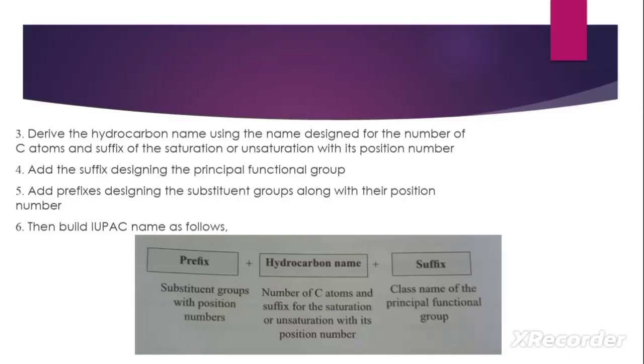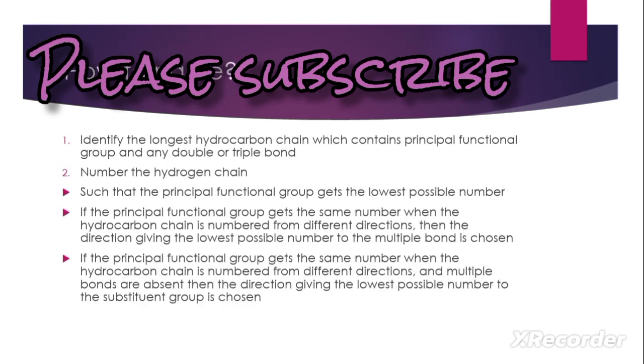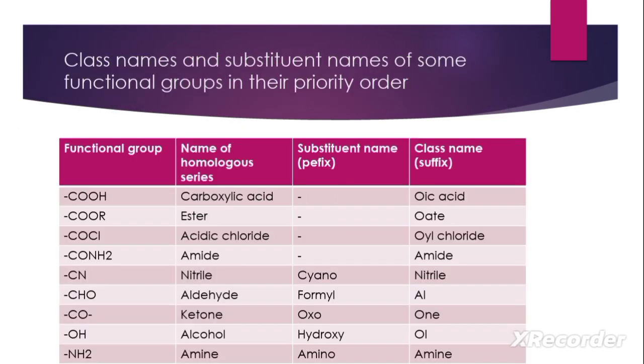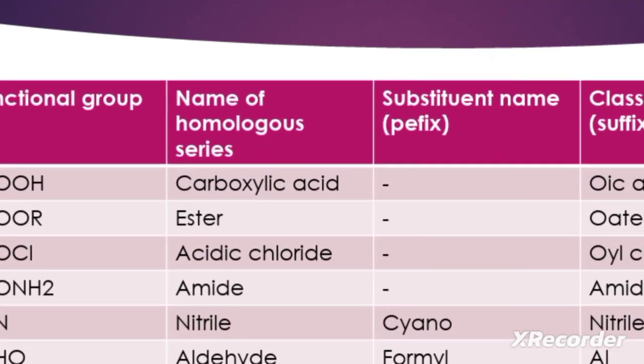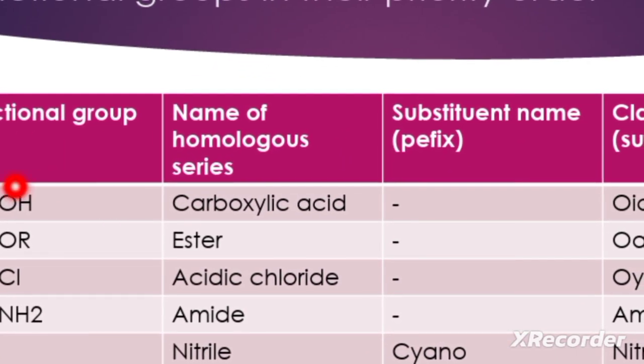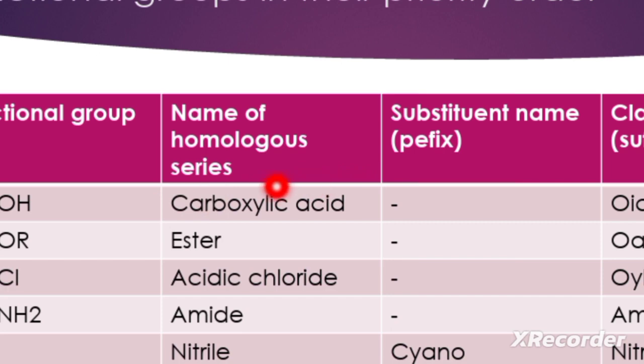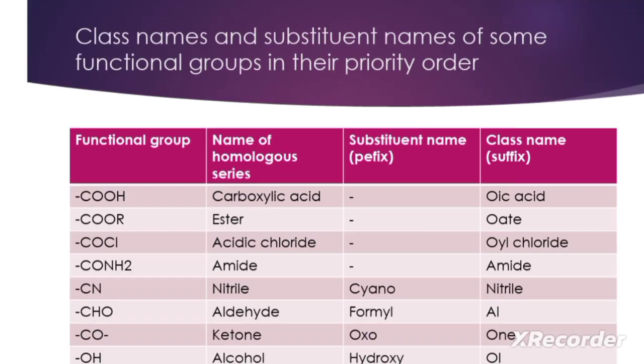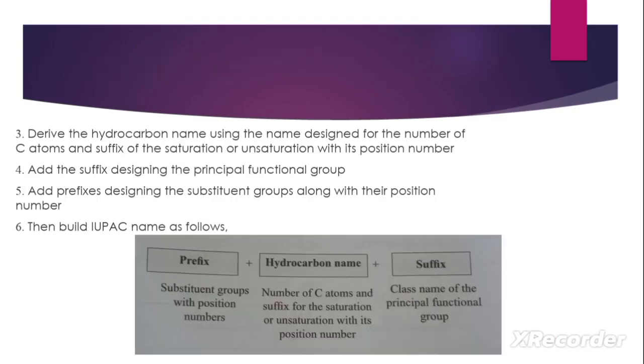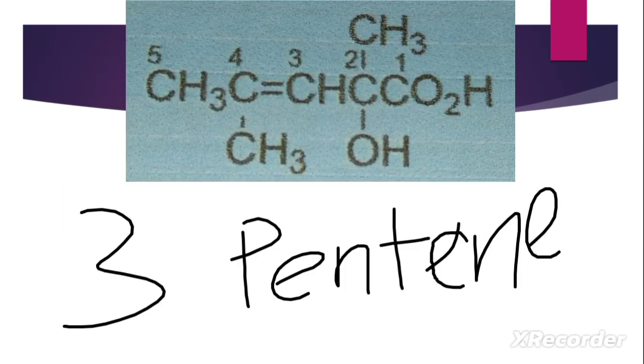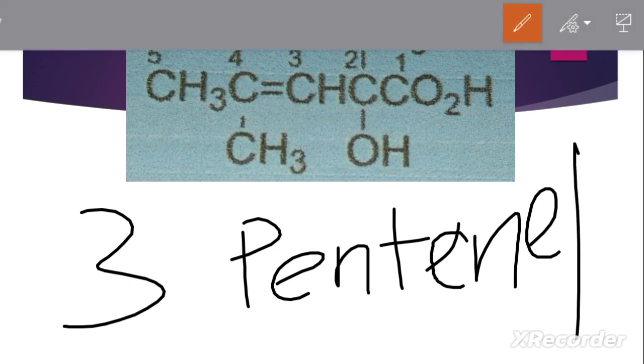The next step is to add the suffix designating the principal functional group. What is the suffix for COOH? It is a type of carboxylic acid. The suffix is oic acid. Oic acid is the suffix here.